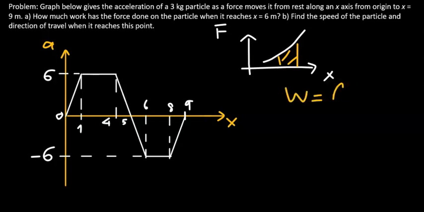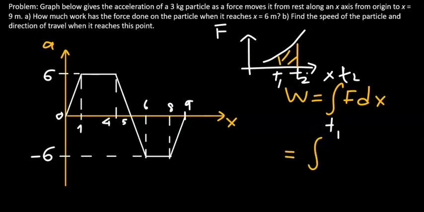And we know work is simply the integral of F dx between two limits. Now we know force is ma, so this can be written as mass times acceleration dx. Since mass is a constant, you can take that out of the integral sign.